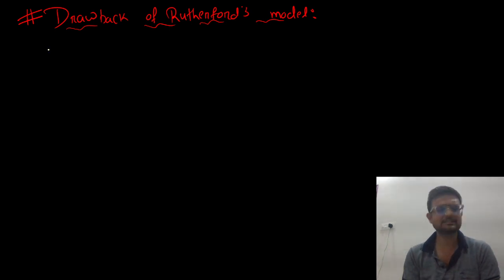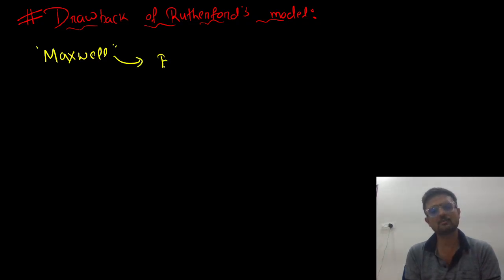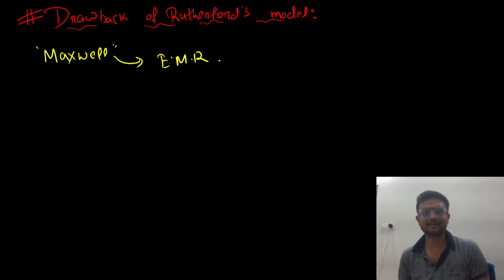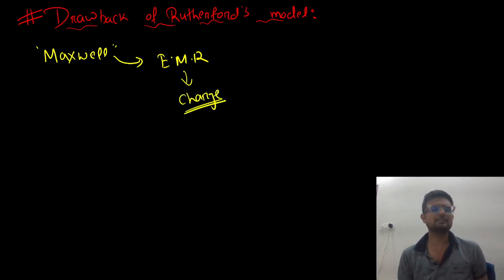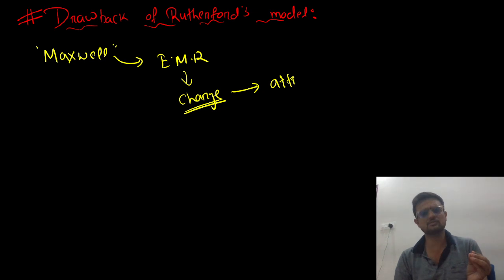There was one scientist whose name is Maxwell. At that time he was doing an experiment based on electromagnetic radiation. What he observed was that whenever there is a charged particle, any charged particle, and that charged particle is in motion, moving under the influence of an attractive force, the charged particle will start radiating energy.